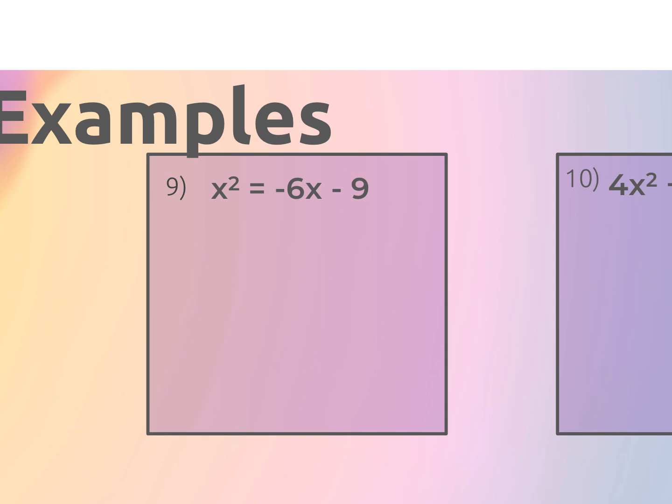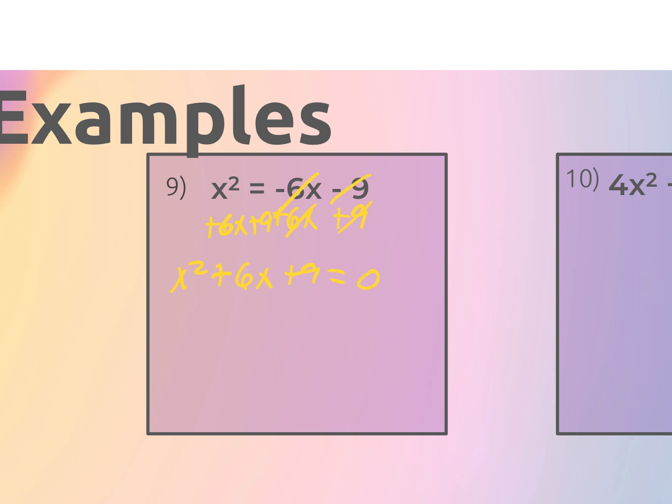I like the x squared how it is, so let's move the other two. Let's move the 6x to the other side, and let's move the 9 to the other side. So plus 6x, plus 9. Cancel, cancel, cancel, cancel. Then we get x squared plus 6x plus 9 equals 0.